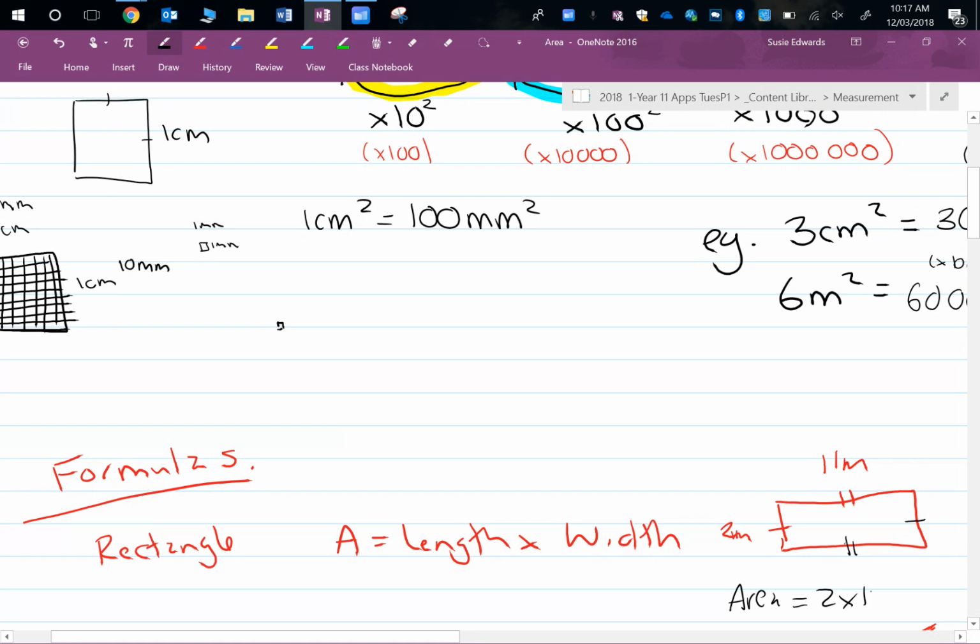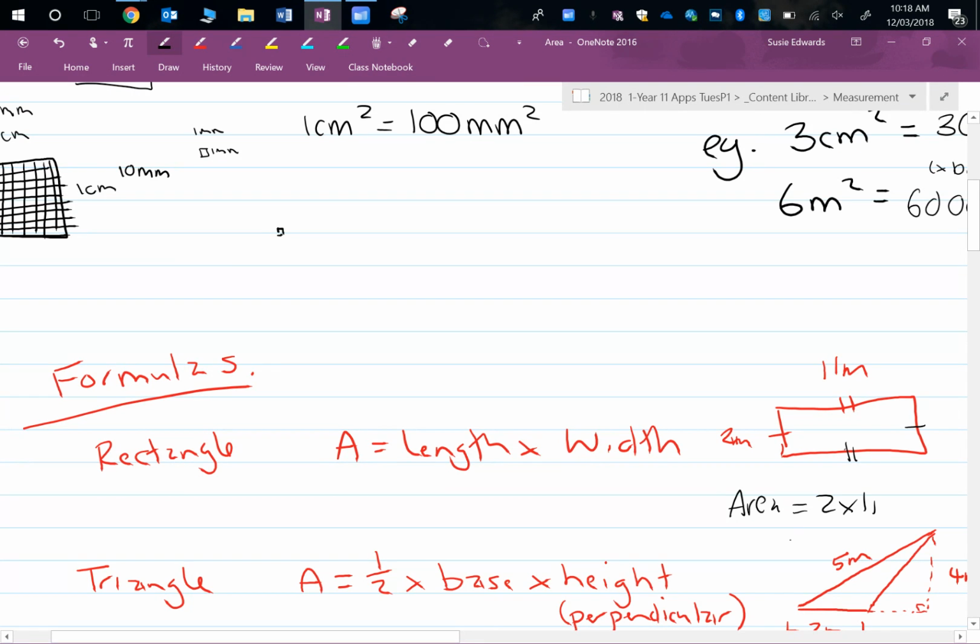Equals 2 times 11, 22. Now, what measurement will it be? Square meters, always squared for area. Now, if one of those was centimeters and one of them was meters, what would you have to do first? Convert them to the same. So anything we do in measurement, convert them to the same first.